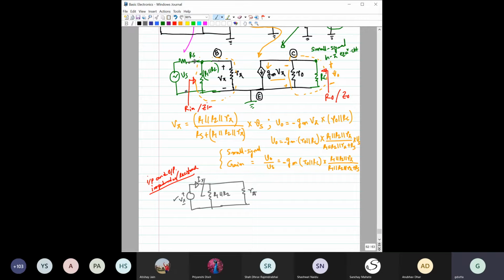Here it is quite straightforward. If you look from here, the equivalent resistance or R in would be R1 parallel R2 parallel R pi. You should not do this process here because it is quite straightforward and you can see it. So this is the input resistance if you look from here.